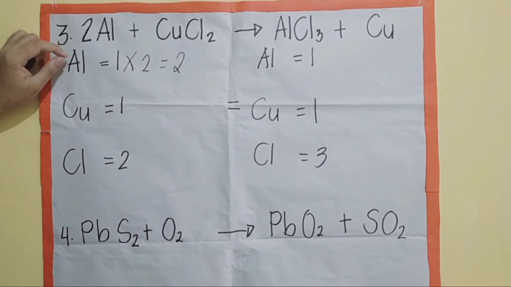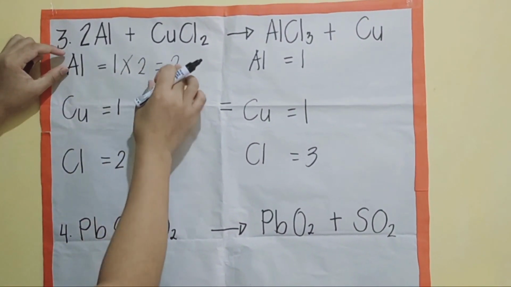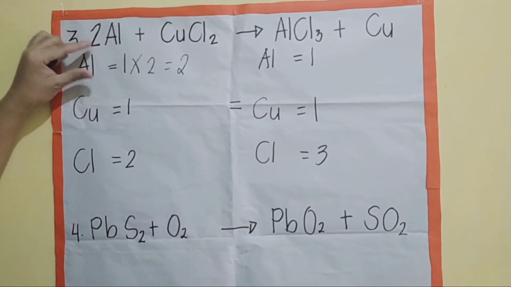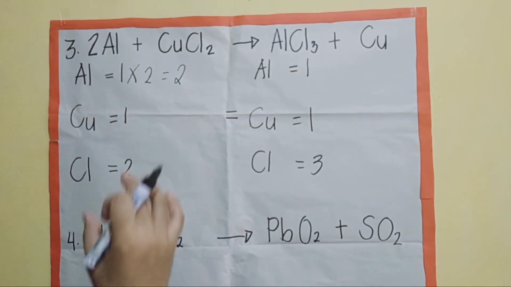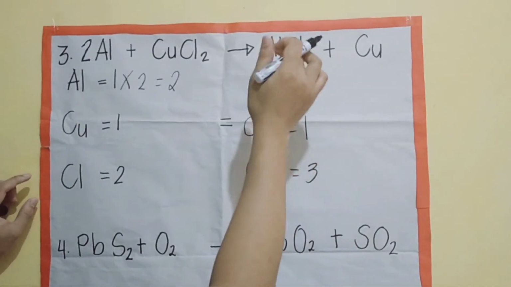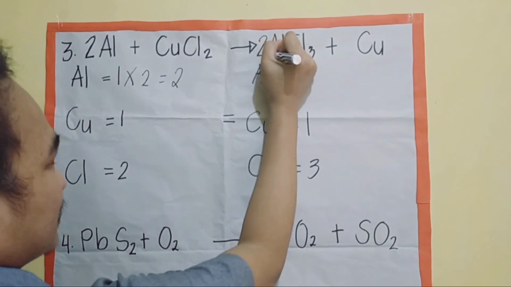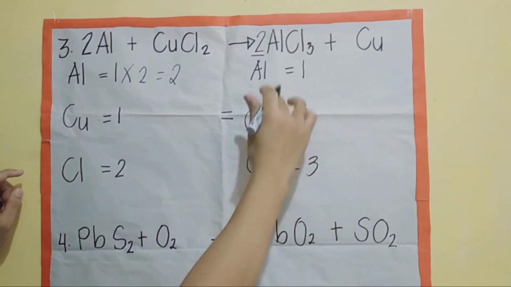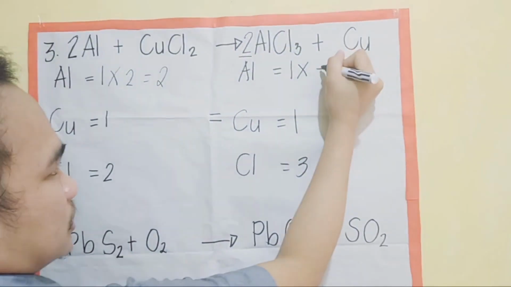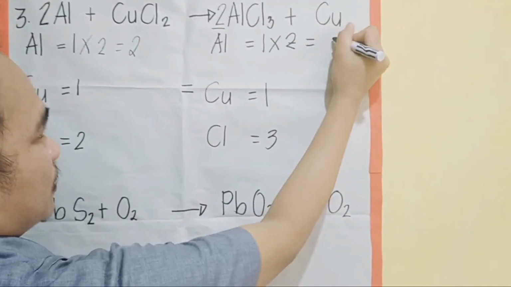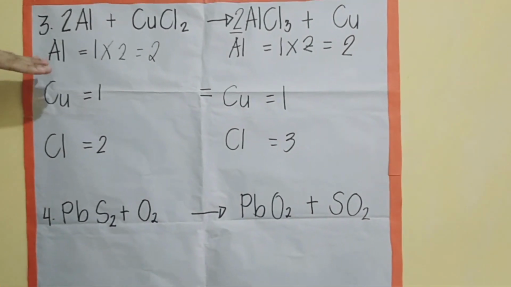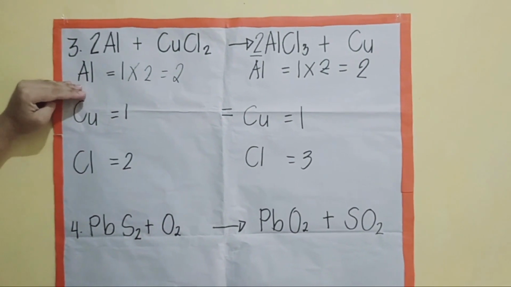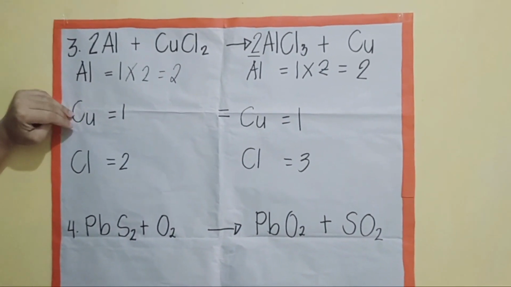And then, since we have 2 atoms of aluminum at the left side, we should have 2 atoms of aluminum at the right side. So we are going to add 2 at the right side. So 1 times 2 is equal to 2. So our aluminum is balanced. So let's go to copper.